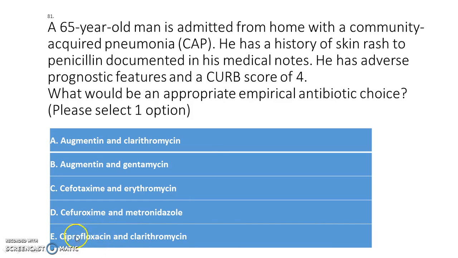It's not useful here. And also metronidazole is not needed here because we're not trying to cover for an anaerobe. So we are not thinking of an anaerobe here, so we don't give metronidazole and we don't give ciprofloxacin. So the answer for this one is C. The most appropriate therapy is cefotaxime and erythromycin.